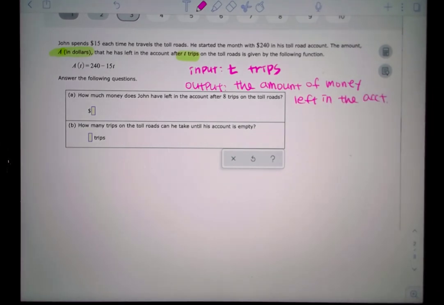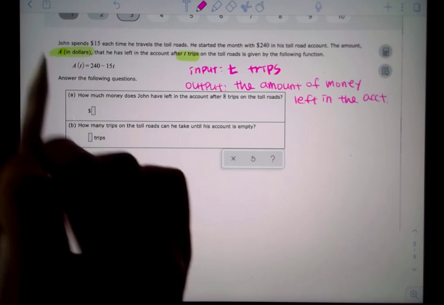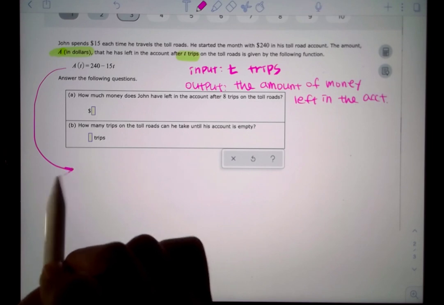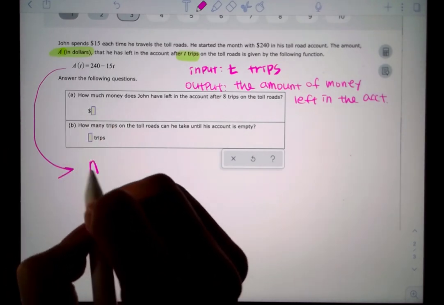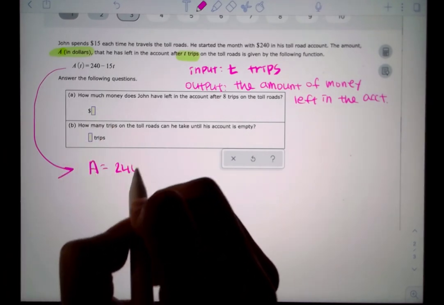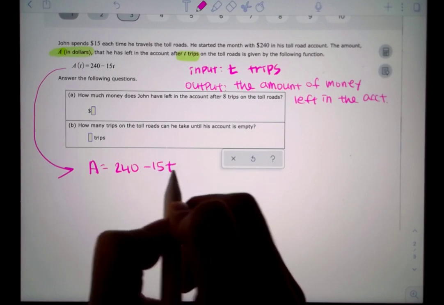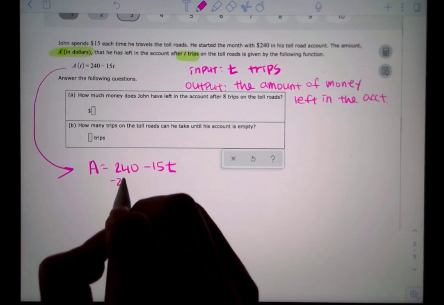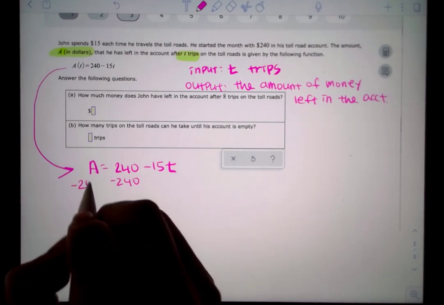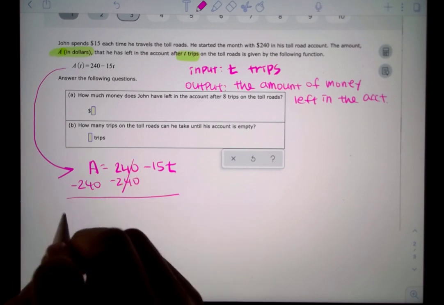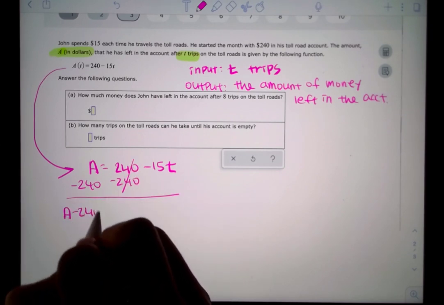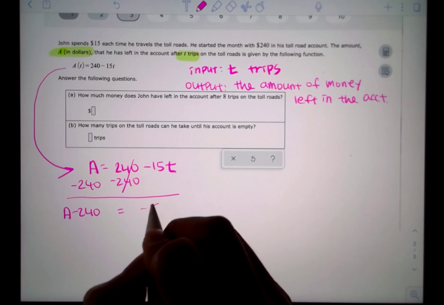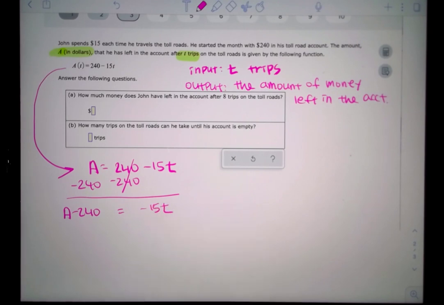Okay, so then let's get the inverse function first, guys. So when I get the inverse function from here, then you get A equals 240 minus 15t, right? And then solve for t. So minus 240 minus 240, then you get A minus 240 equals negative 15t, right?